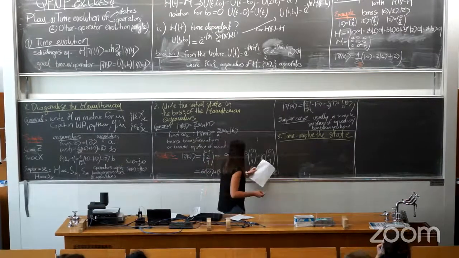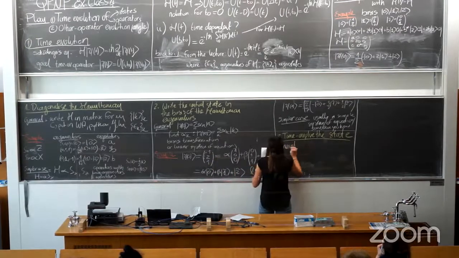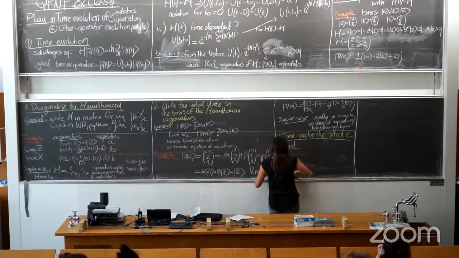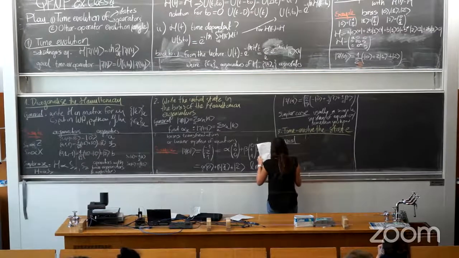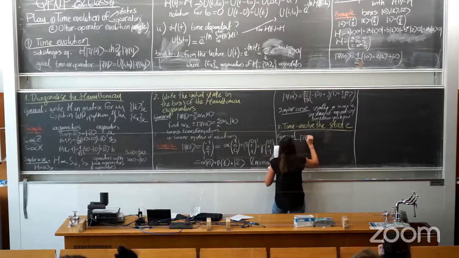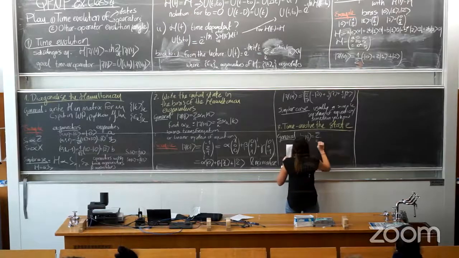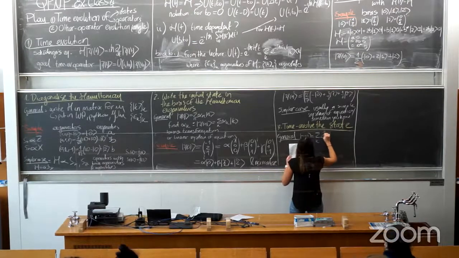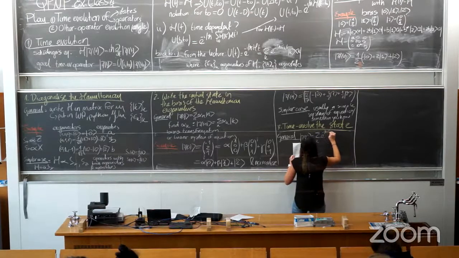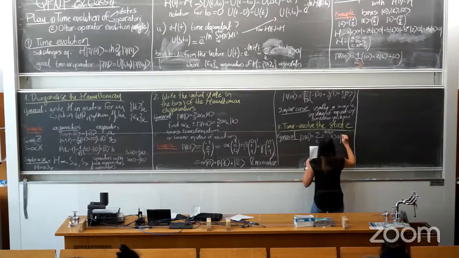So what's the general case? We have that psi of t is equal to the sum over k of e to the minus i divided by h bar E_k t |k><k|, and this is my time evolution operator, times my psi of 0.